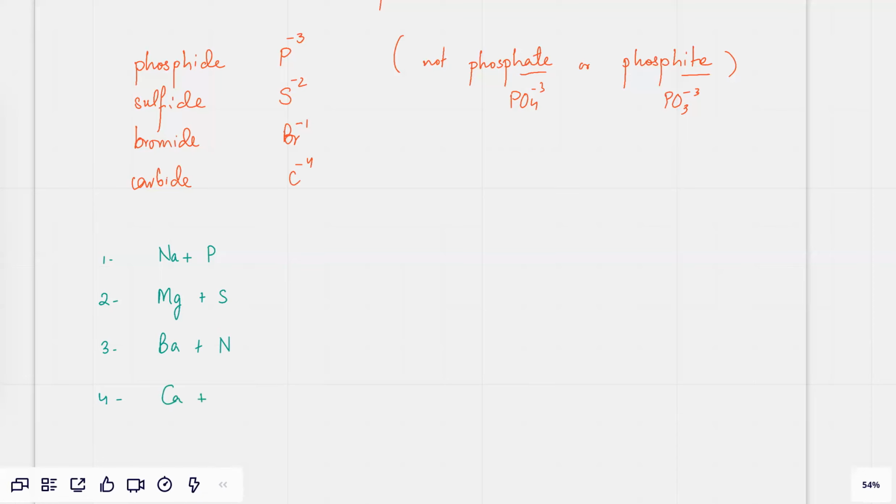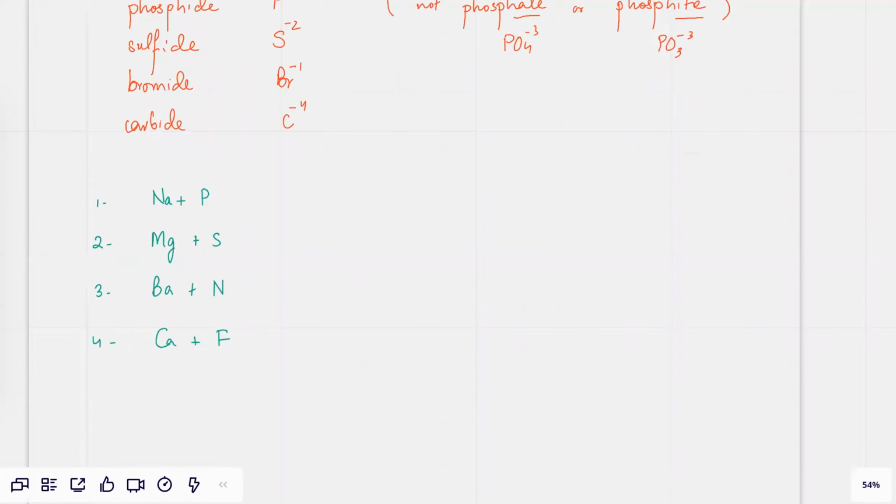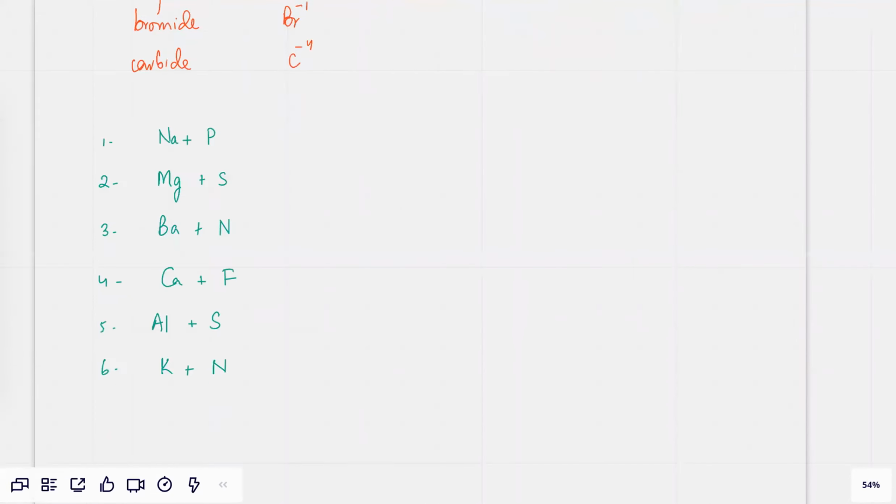Ca and F. Number 5 could be aluminium with sulfur. Potassium with nitrogen. So try and do all of these.